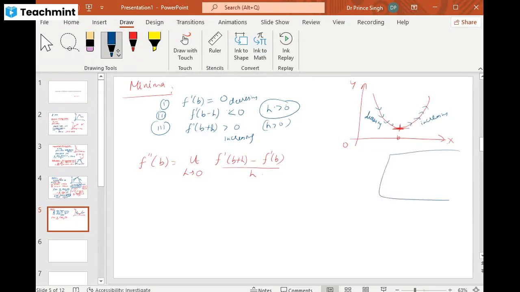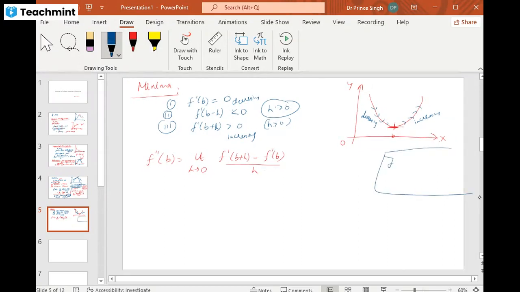Basically, this is the formula of the derivative of a function f dash x. What is the formula of f dash x? F dash x is limit h tends to 0, f of x plus h minus f of x upon h.